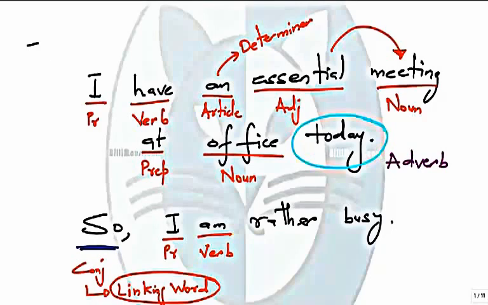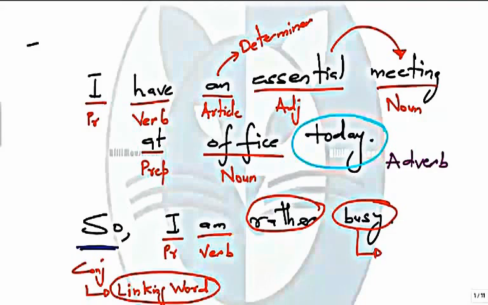Now let me know what is rather and what is busy. These two are the tricky ones. In my opinion, many of you must have thought, at the first glance, that busy is a verb. At the second glance, you might have thought it an adverb. And a few might have thought it an adjective.